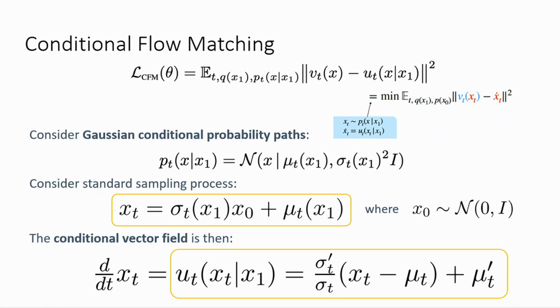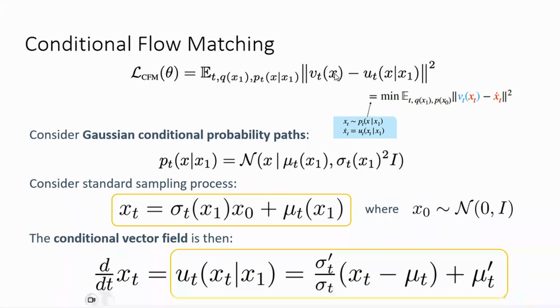You can look at the derivation in the paper: with this Gaussian probability path and a certain noise schedule on the mean and variance, we can easily derive the ground truth conditional vector field in this form. It's a question of choosing the form of sigma_t and mu_t that will be used to compute this ground truth, which is then fed back into the training loss to train our v_t.